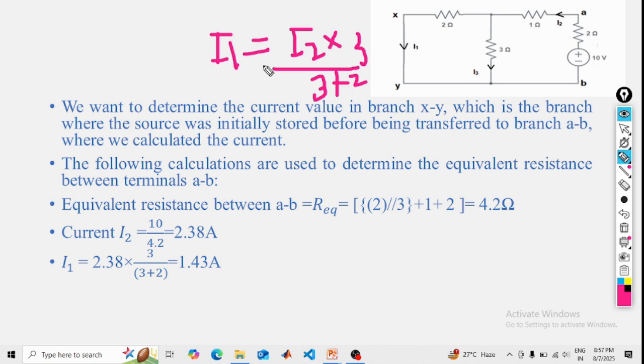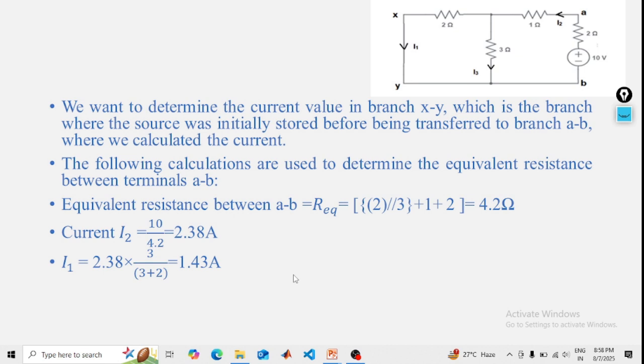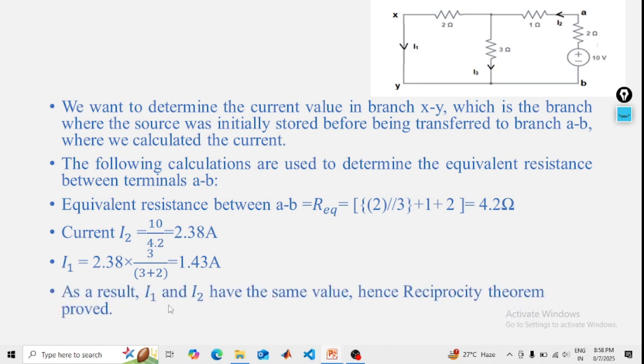So I1 equals 2.38 times 3 by 5, which is 1.43. Before, we got the result 1.43, yes or no? As a result, I1 and I2 have the same value, hence the reciprocity theorem is proved.